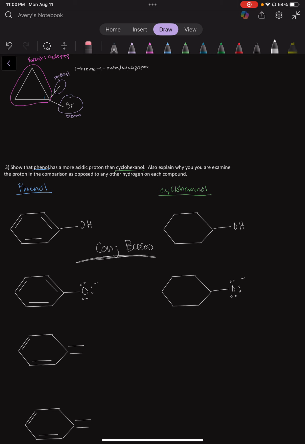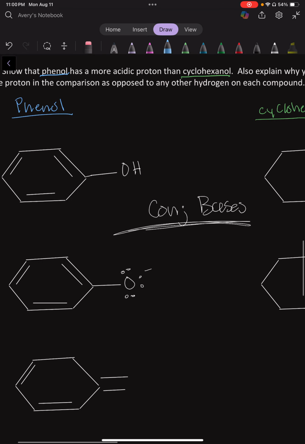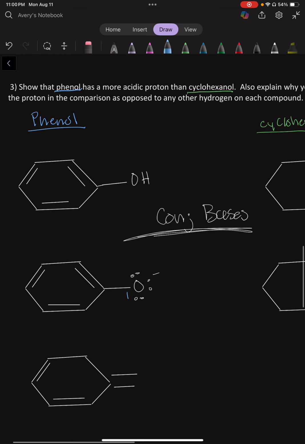When doing the resonance structures, we'll do the 1, 2, 3 method here. One has to have at least one lone pair, and then between 2 and 3, you have to have a pi bond, also known as a double bond. So for phenol, we have 1, 2, 3.